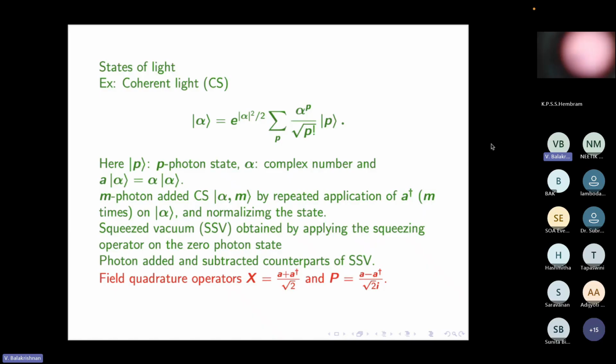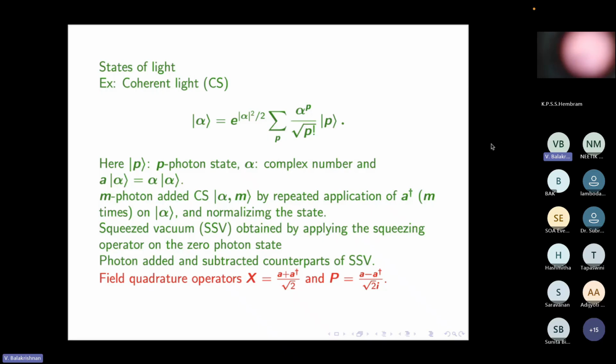And for beginning students, this coherent light is an eigenstate of the photon destruction operator A with eigenvalue alpha. If you want the physical significance of alpha, mod alpha squared is the mean photon number in the coherent state. So you could add photons to the coherent state.